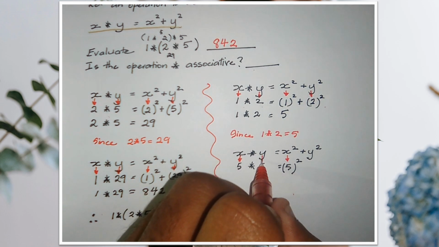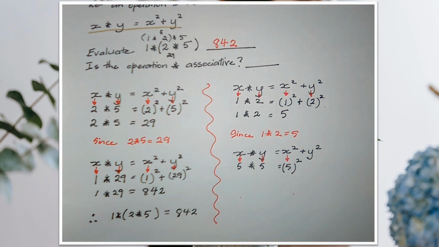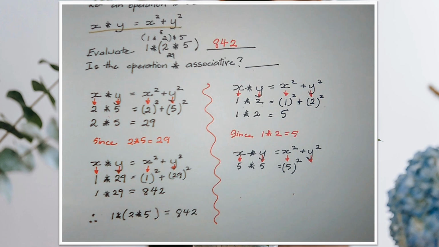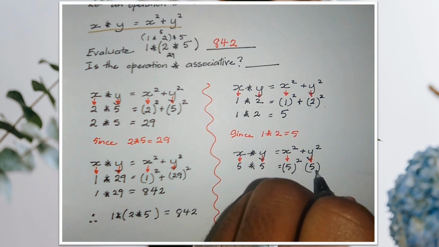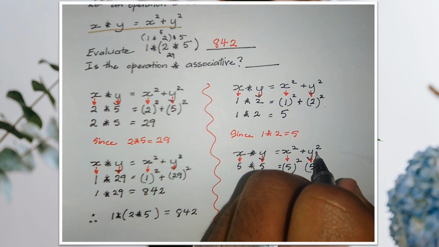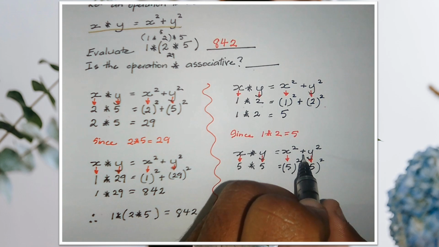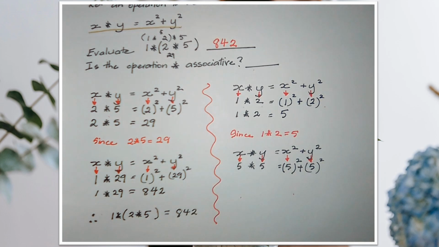We can also see that y is also 5. So I'm going to look for y, and put 5 in brackets, and notice that y was squared, so we're going to put a square on that 5. Notice too that there was a plus in between them, so I'm going to put a plus in between them.